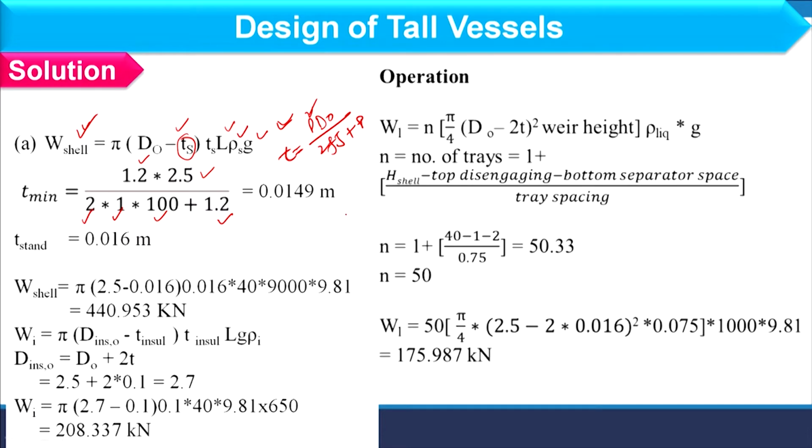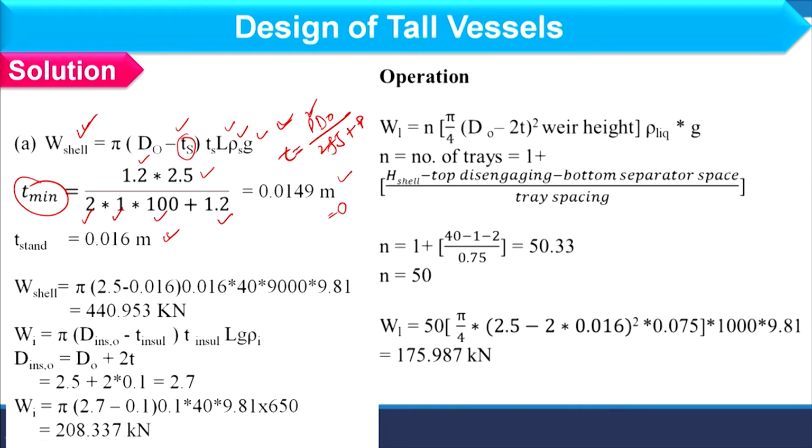All these values are given to you. So, we can obtain 14.9 mm as the minimum thickness of shell. Okay. So, in this case we will not add any corrosion allowance because that value is given as 0. So, the standard thickness we can obtain as 16 mm.